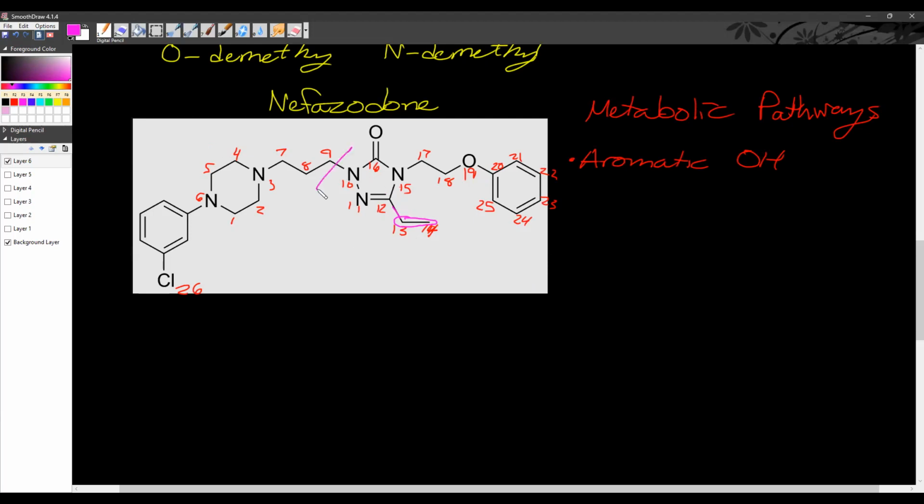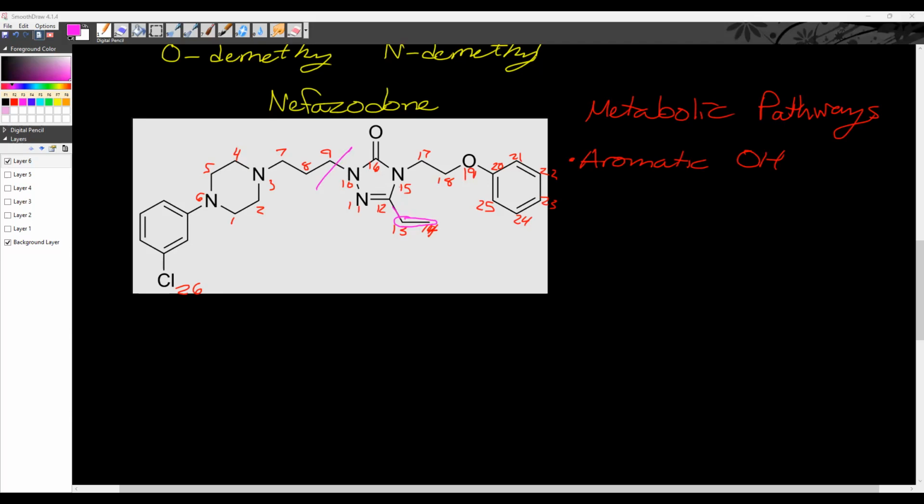Can we do dealkylation between carbons 9 and 10? Can we just cleave off carbon 9? No. How come? It's way too complicated.